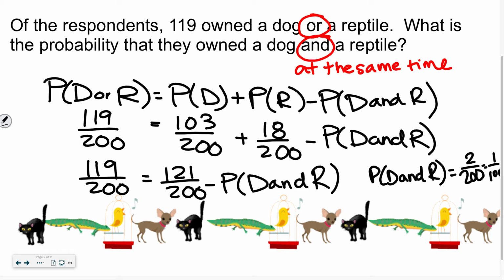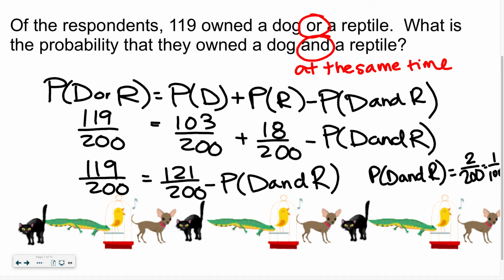It must have been 2. Does that make sense? So again, remember, just because I say in my question what's the probability of A and B doesn't necessarily mean it's a multiply problem. It still could be add and subtract overlap, because that A and B could be the overlap.